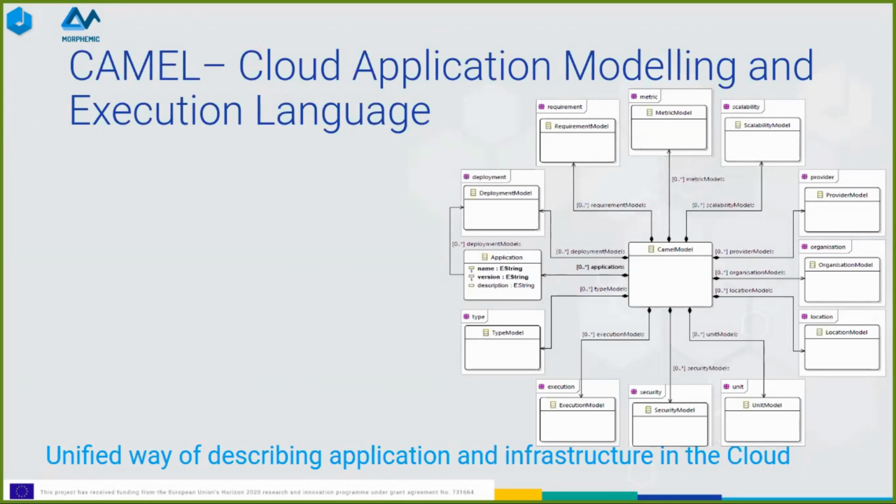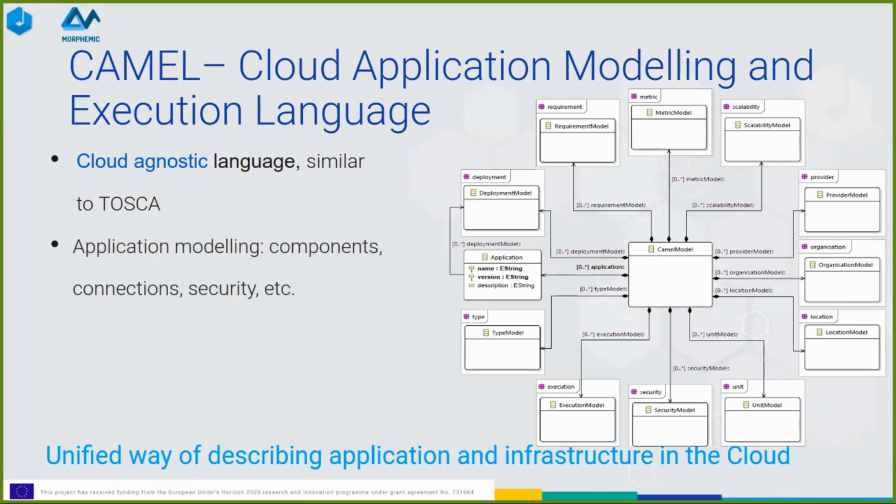Why is this possible? The first step is that Melodic has its own modeling language called CAML, Cloud Application Modeling and Execution Language. It is a language similar to TOSCA, but extends TOSCA to allow for modeling components, connections, security, and also requirements for the infrastructure.